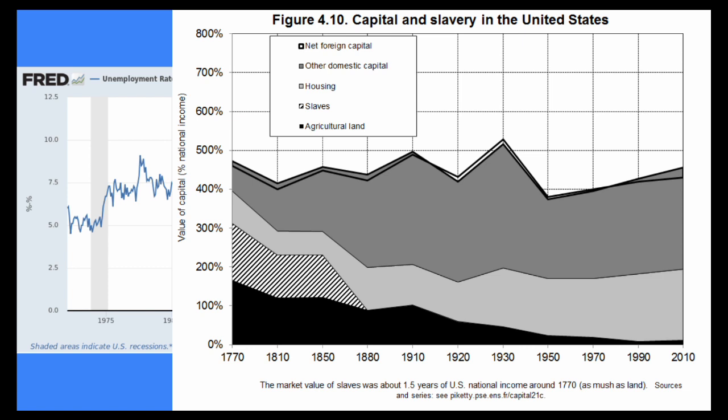In 1770, slaves, who were predominantly, virtually all African, in the United States, were valued at 1.5 times the national income. That is to say that the total value of slaves in the U.S. was larger than the total amount of income circulating in the country.